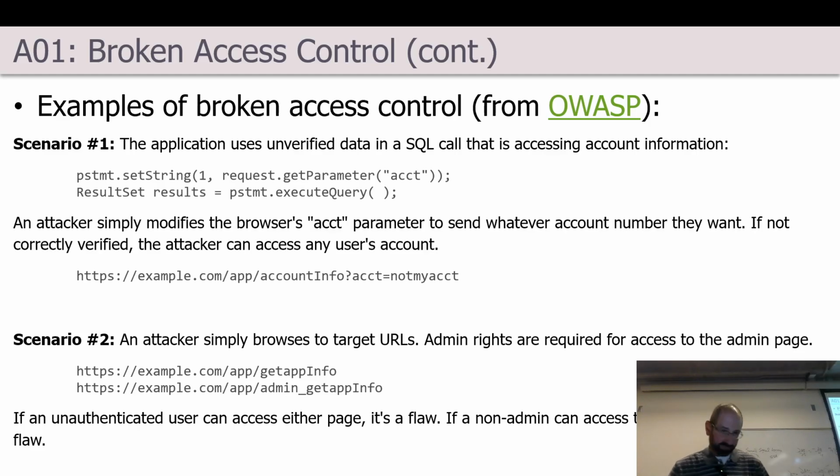So, for example, in scenario 1, an application uses unverified data in a SQL call that is accessing account information, where as part of the processing, we take the parameter from the URL. Remember, we had a question mark name equals Steve. In this case, we have a parameter called account. So the idea is that the actual account information is encoded directly in the URL parameters themselves.